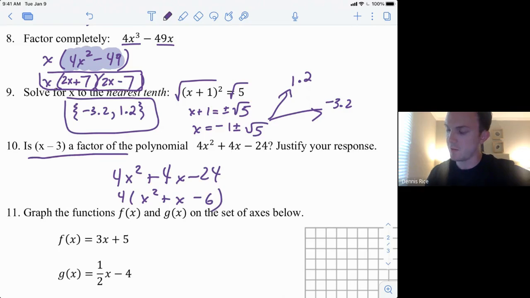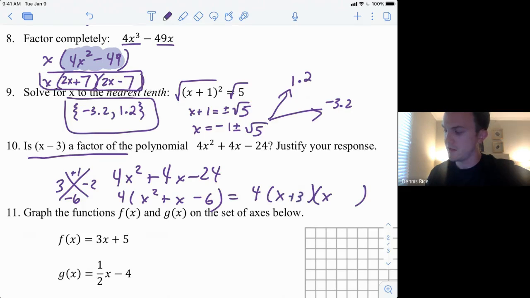And now it's going to be a sum product, a double bubble. What adds up to 1 and multiplies to -6? 3 and -2.